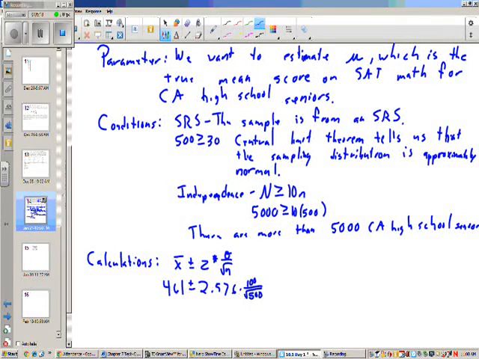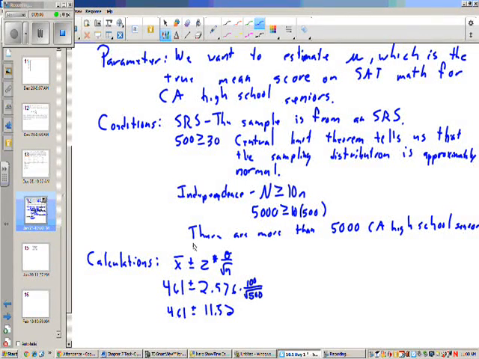So now we just take out a trusty calculator. 100 divided by the square root of 500 is 4.47, and I multiply that by 2.576. So I have my margin of error being 11.52. So we have 461 plus or minus 11.52.